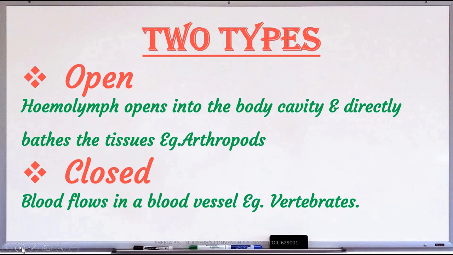Whereas in closed circulation, blood flows inside the body through vessels such as arteries and veins. Examples are annelids, such as leech and earthworm, and all other vertebrates have a closed circulatory system. In a closed circulatory system, blood is pumped through the vessels by the heart.